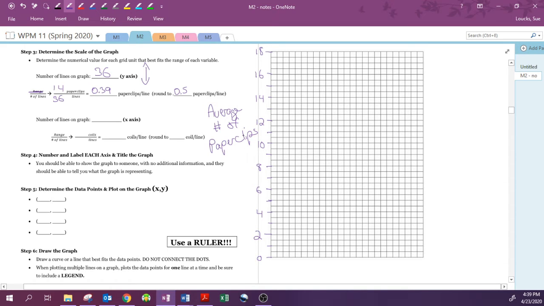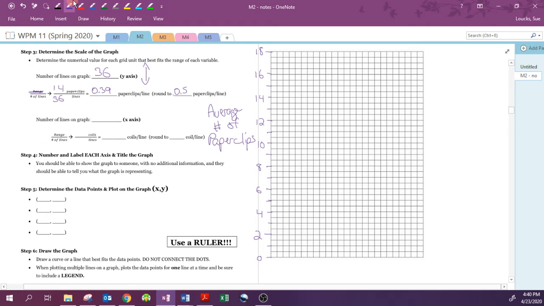You know what, I'm going to do that better, because it should look neat, and it should be square to the paper, like square to the bottom of the paper. So I shouldn't have done it slanted like that. Paper clips. Okay, and y is always the dependent variable.